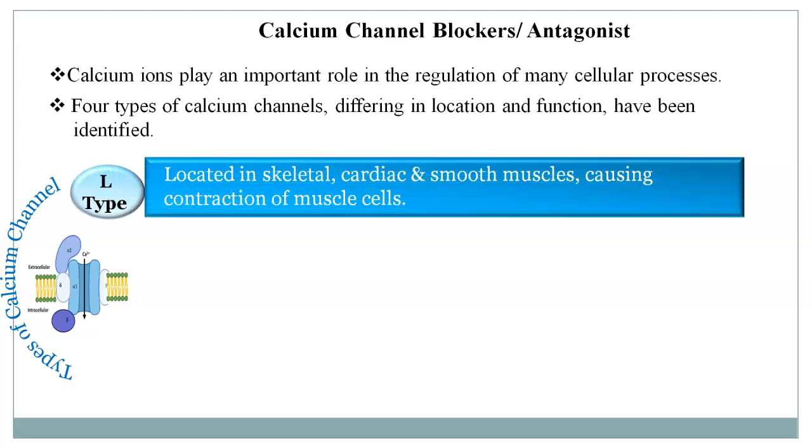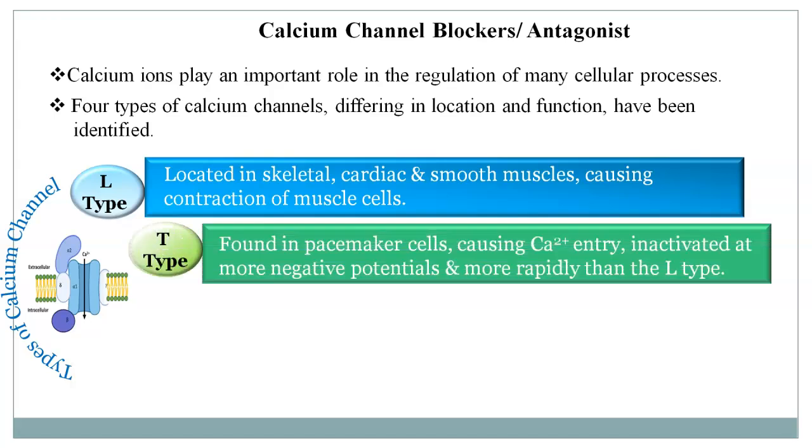The first type of calcium channel is the L type, which is located in skeletal, cardiac, and smooth muscles, causing contraction of muscle cells. The second type is the T type, which is found in pacemaker cells, causing calcium entry inactivated at more negative potentials and more rapidly than the L type.